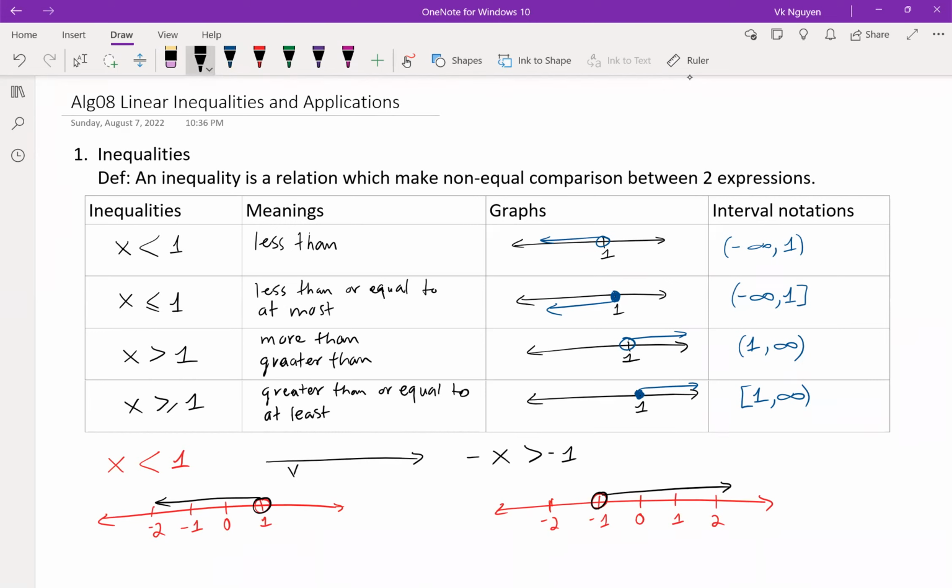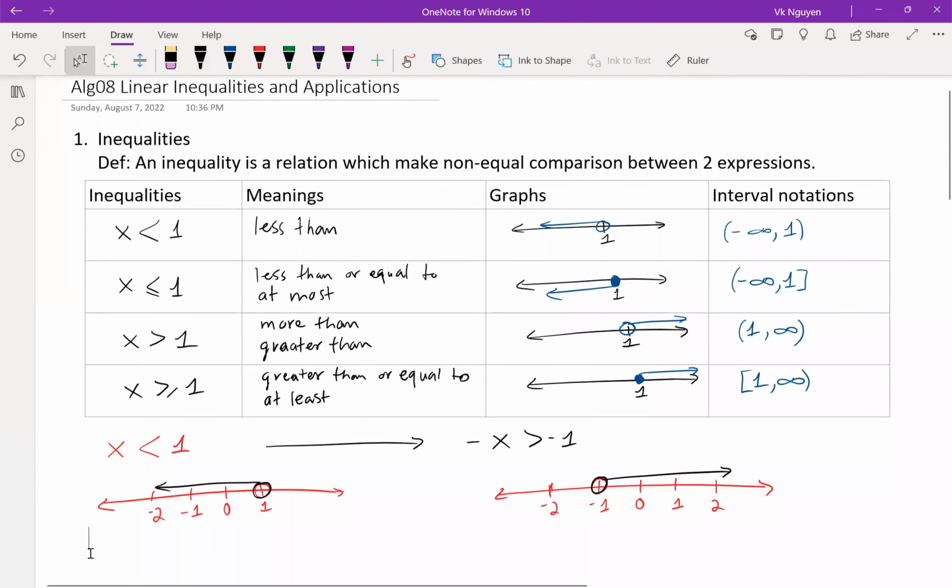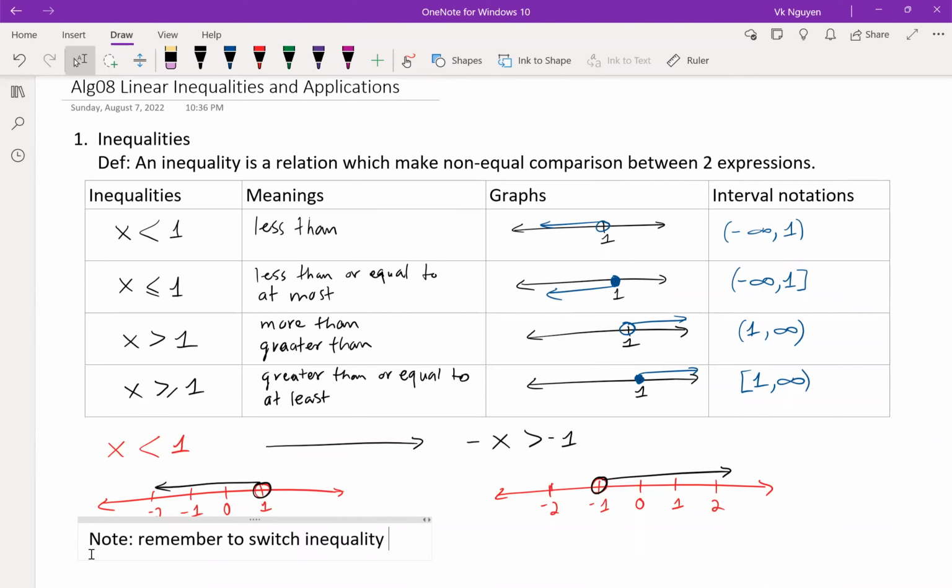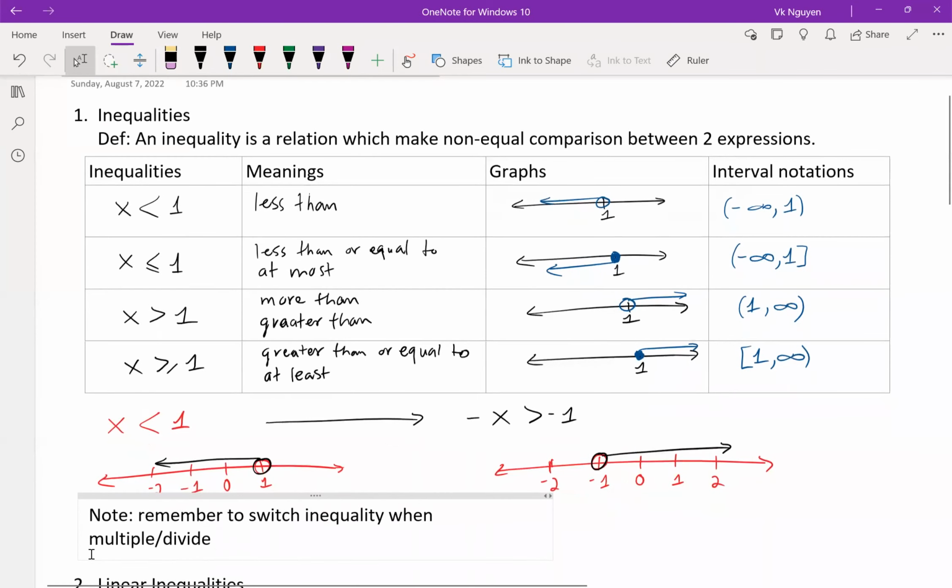When we multiply or divide by a negative number, that is a very important note. I'm going to type it up. Remember to switch the inequality when multiplying or dividing by a negative number.